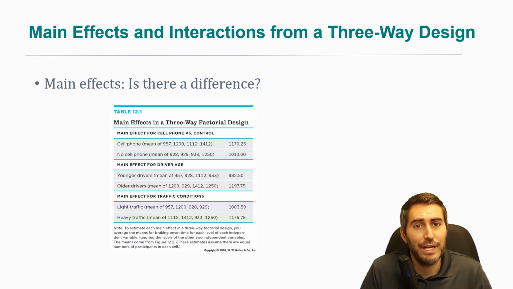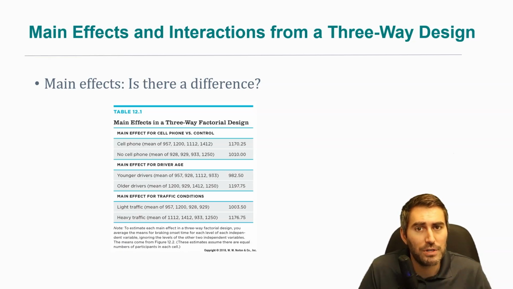When there are 3 independent variables, as in a 2 by 2 by 2 factorial design, there will be 3 main effects to test. Remember that main effects are a simple overall difference that examine the effect of one independent variable averaged across the other 2 independent variables. The table examines 3 main effects within the cell phone study: cell phone condition, driver age, and traffic condition.